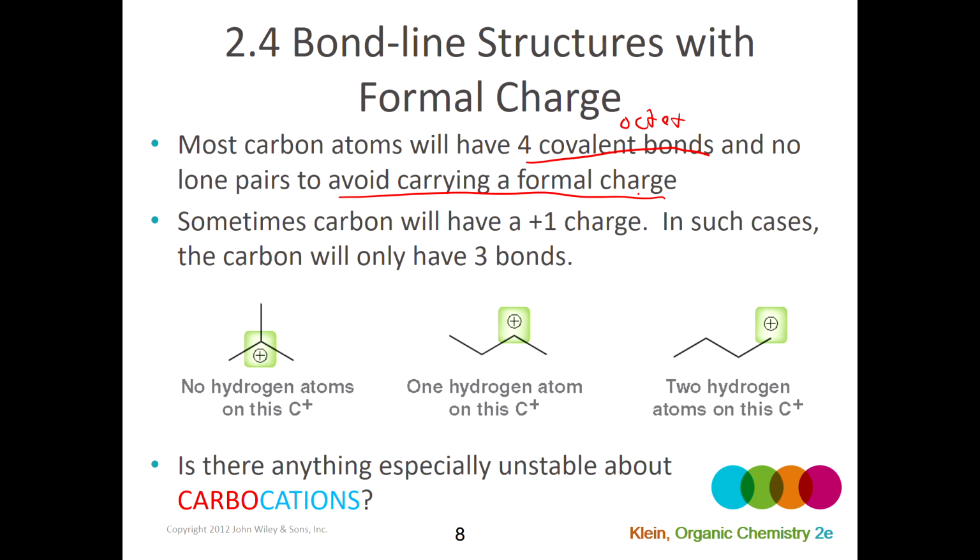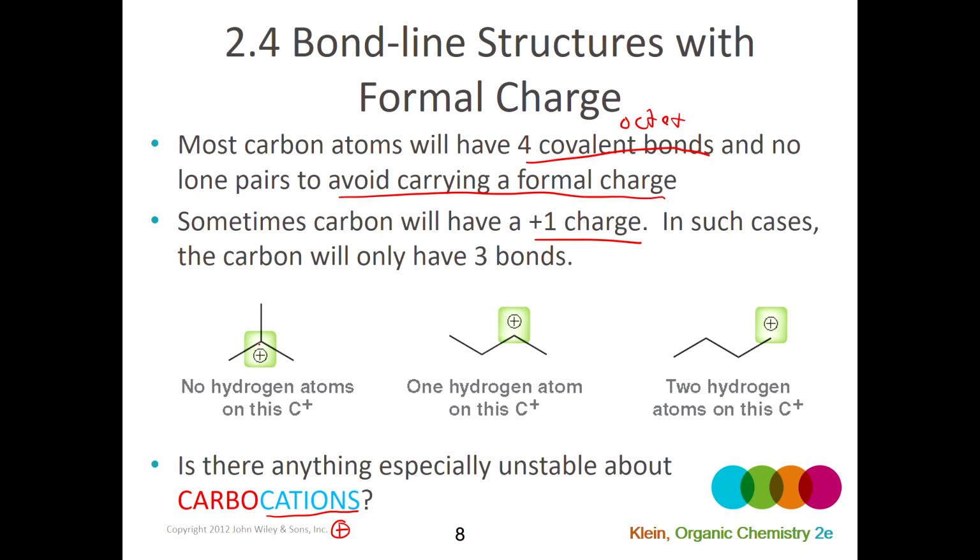We'll talk about why that is in a minute. And sometimes you'll see it with a positive. So if I show carbon with 3 bonds shown in a positive, or 2 bonds shown in a positive, or 1 bond shown in a positive, that is called a carbocation, right? Cations have a positive charge, so it's a carbocation if it's a carbon with a positive charge.